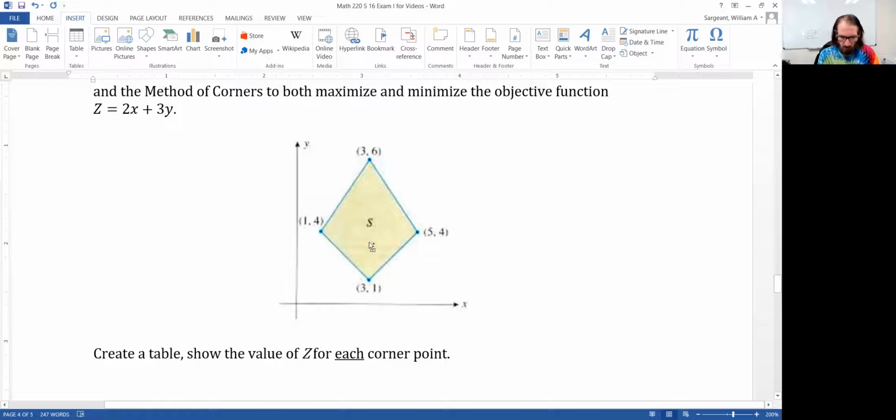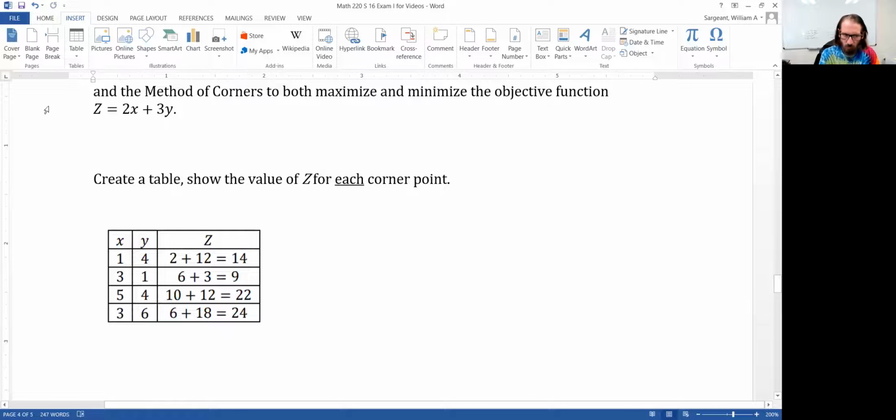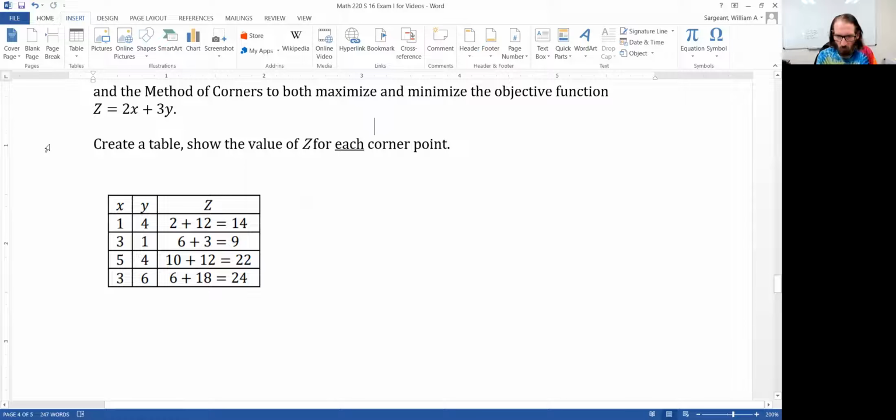Since I've read off what the corner points are, we do 2 times 1 plus 3 times 4, 2 times 3 plus 3 times 1, 2 times 5 plus 3 times 4, and 2 times 3 plus 3 times 6, and we get our value of z for each corner point.